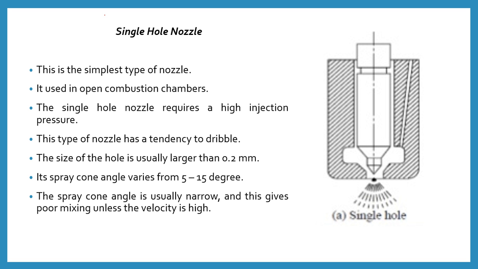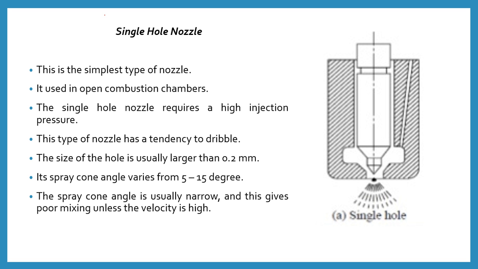The single hole nozzle requires a high injection pressure. This type of nozzle has a tendency to dribble. The size of the hole is usually larger than 0.2 millimeter.